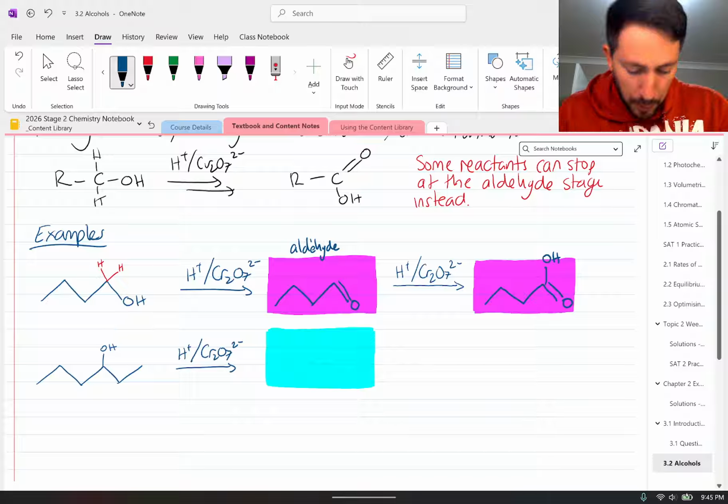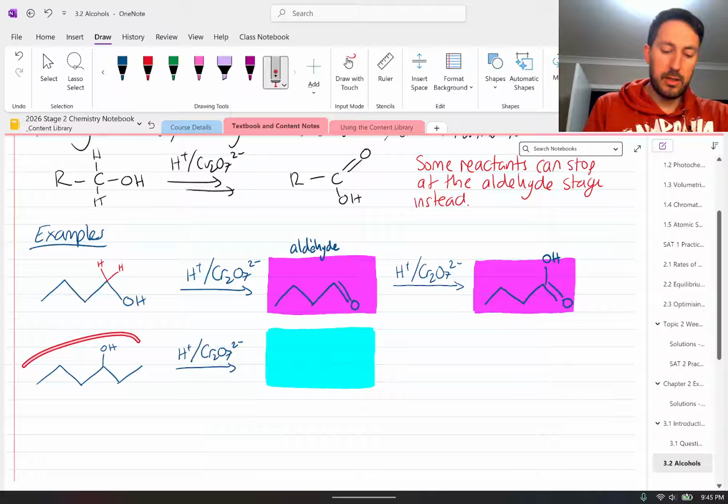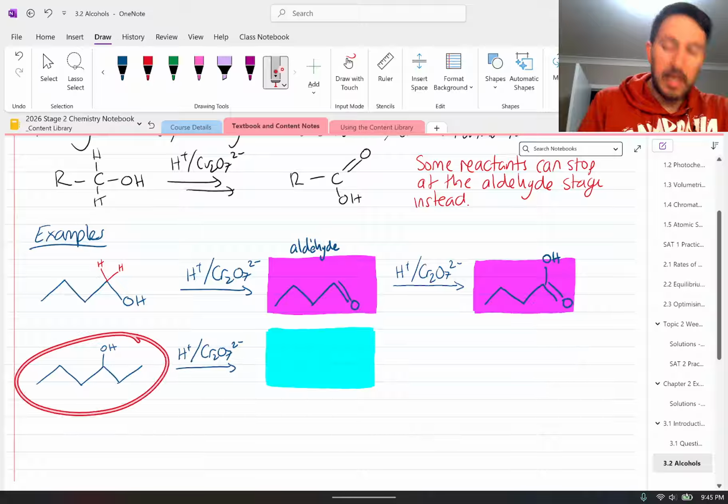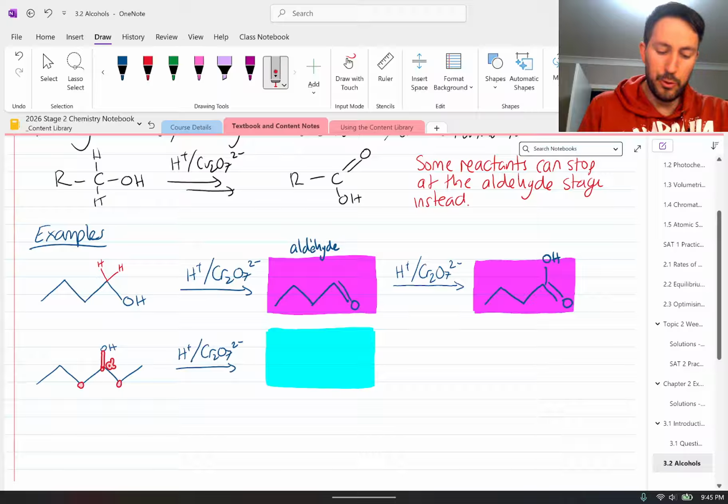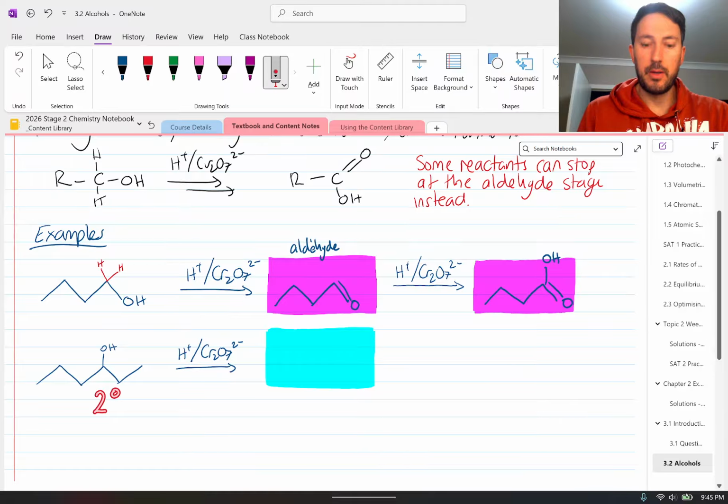Now, if we look at this one here, let's look directly at our OH bond directly to this carbon here. This one is the alpha, and it's attached directly to 1 and 2 carbons. So that makes this one a secondary.